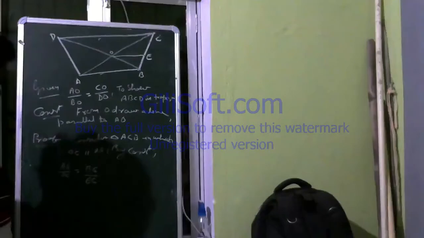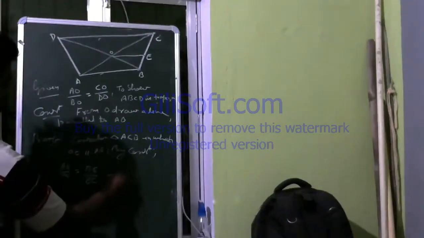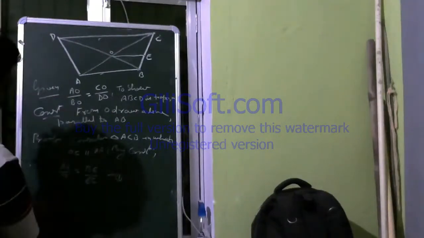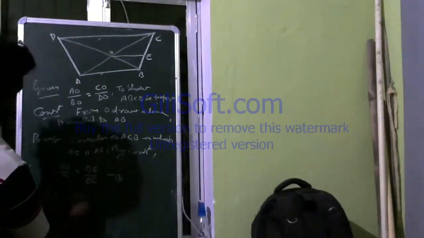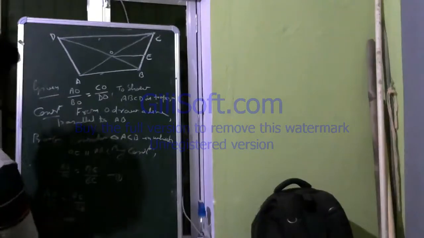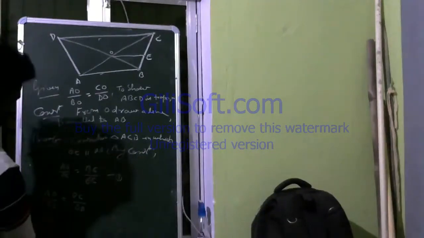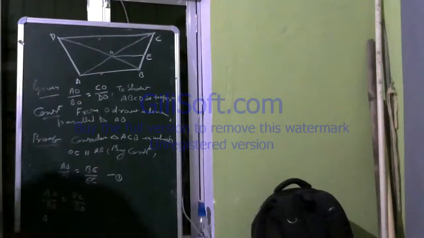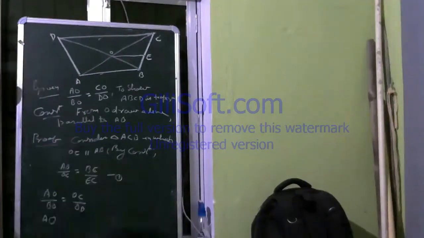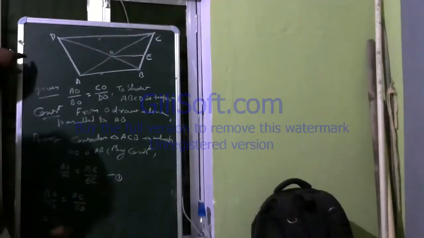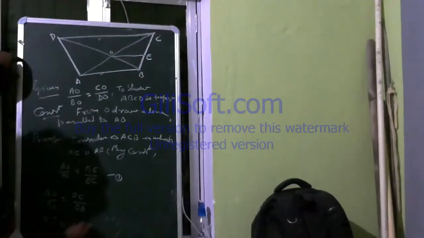This is equation number 1. But it is given AO by BO is equal to CO by OD. Now by the cross multiplication we can write AO into OD is equal to OC into BO.